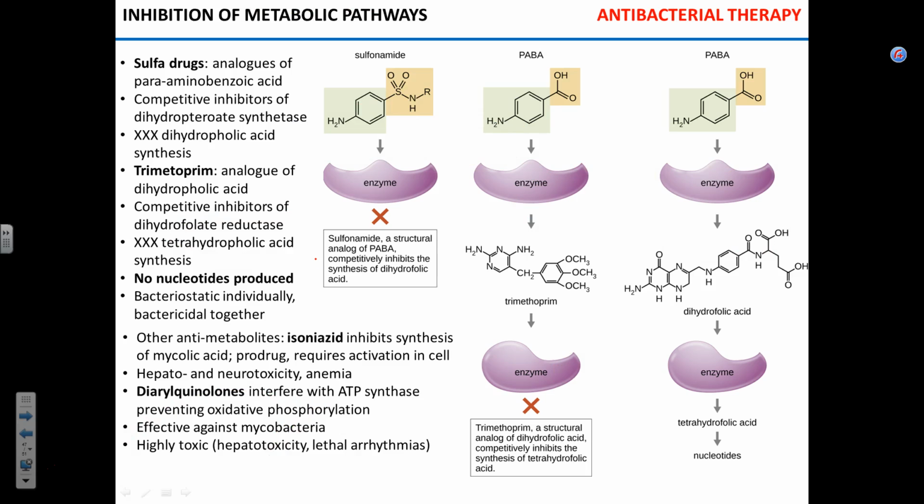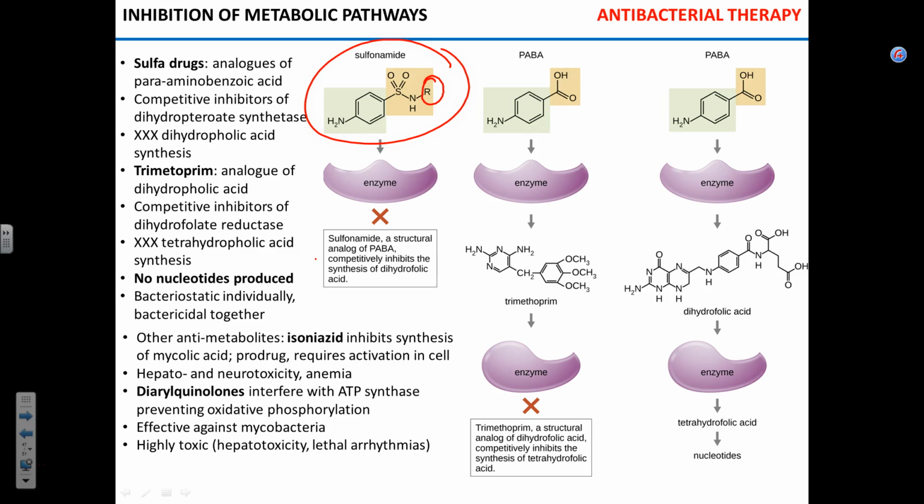Now we're going to go back to the original, the old stuff. Remember we talked about the first synthetic drug, the sulfonamide, synthesized in Germany? This is the class of drugs called sulfa drugs. This is an example of a sulfonamide, but different sulfonamides have different side chains in the molecules.